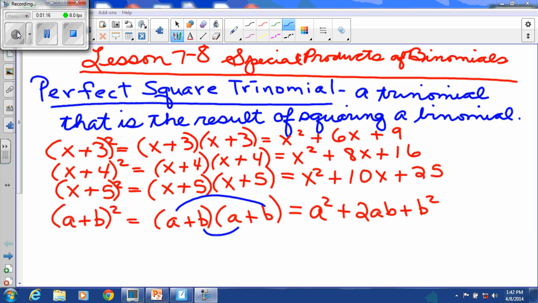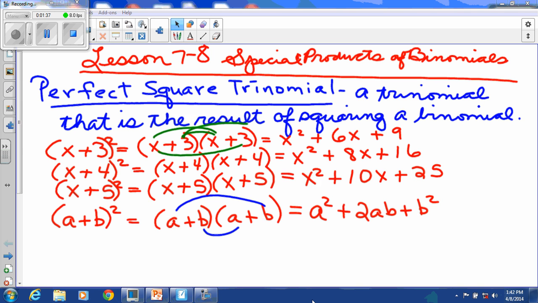Remember, FOIL is multiplying the first terms. X times x is x squared. The outside terms, which in this case are 3 times x or 3x, the inside terms 3 times x or 3x, and then the last two terms 3 times 3 or 9.